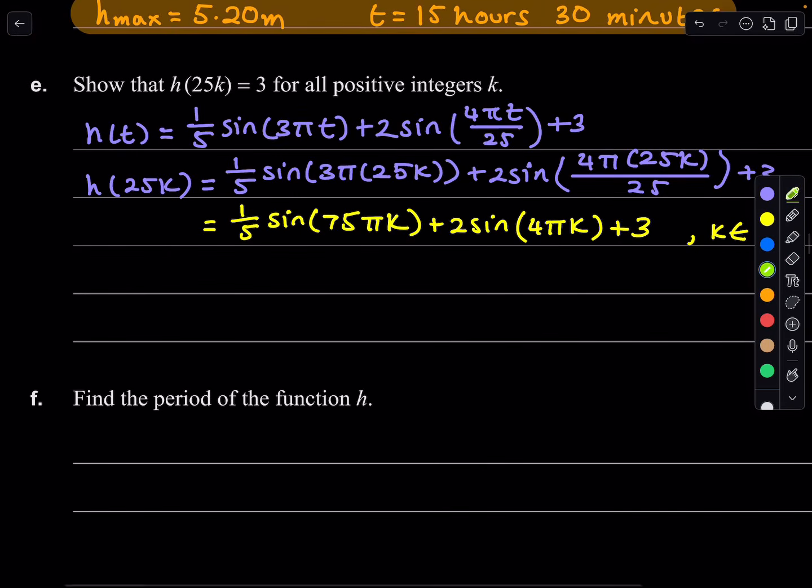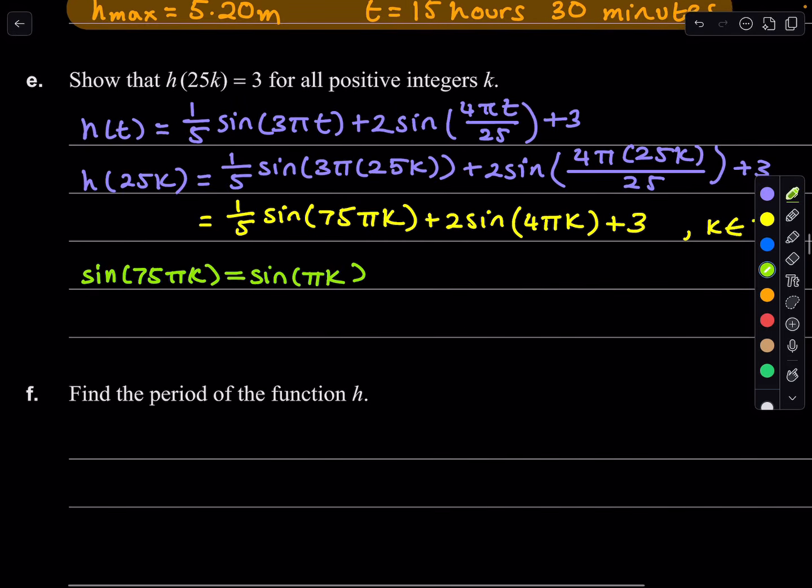Let's break this apart first. Sine 75 pi k is just the same as writing sine pi k. Does that make sense? It's actually the same, because think about it periodically. If you draw a normal sine function, the period here is 2 pi.